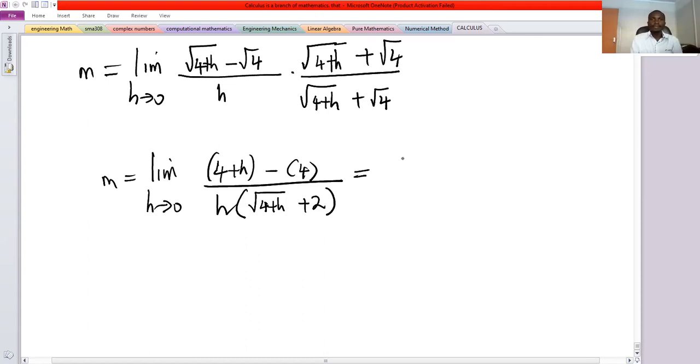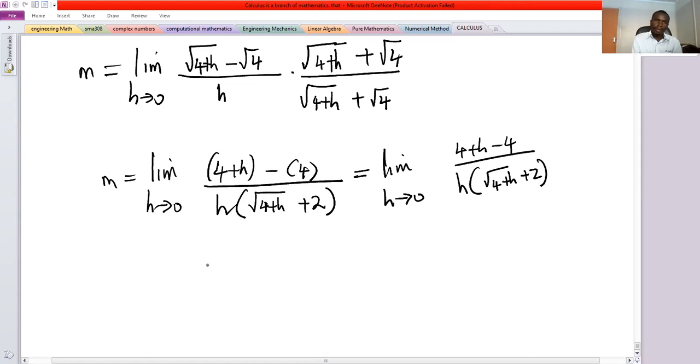So this is the same as the limit as h approaches 0 of 4 plus h minus 4. You don't have to open this, h into square root of 4 plus h plus 2. So m will be the limit as h approaches 0.